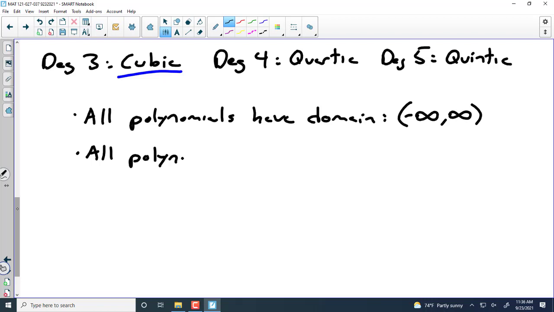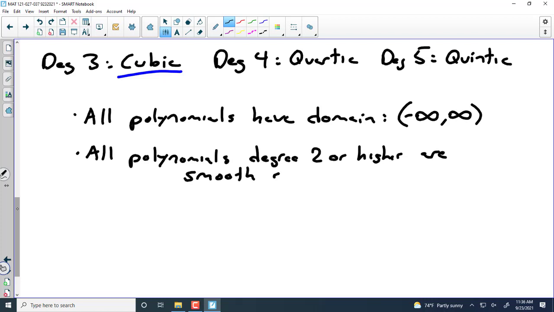All polynomials of degree 2 or higher are smooth curves. Nice rounded smooth curves. No sharp corners, no straight parts, just all curvy.